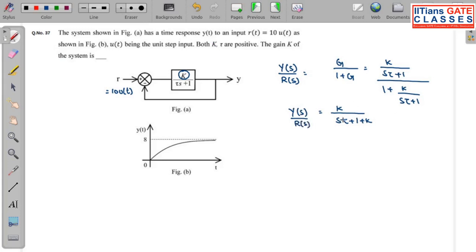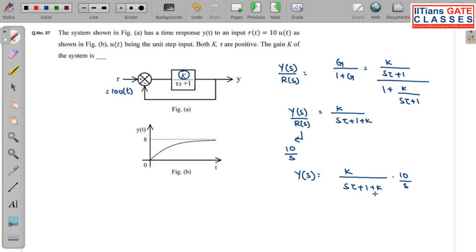Now you can see the input. R(s) will be 10 by s. So Y(s) will be equal to K divided by (s tau plus 1 plus K) into R(s), and R(s) is 10 by s. Now they have given you the time response curve.